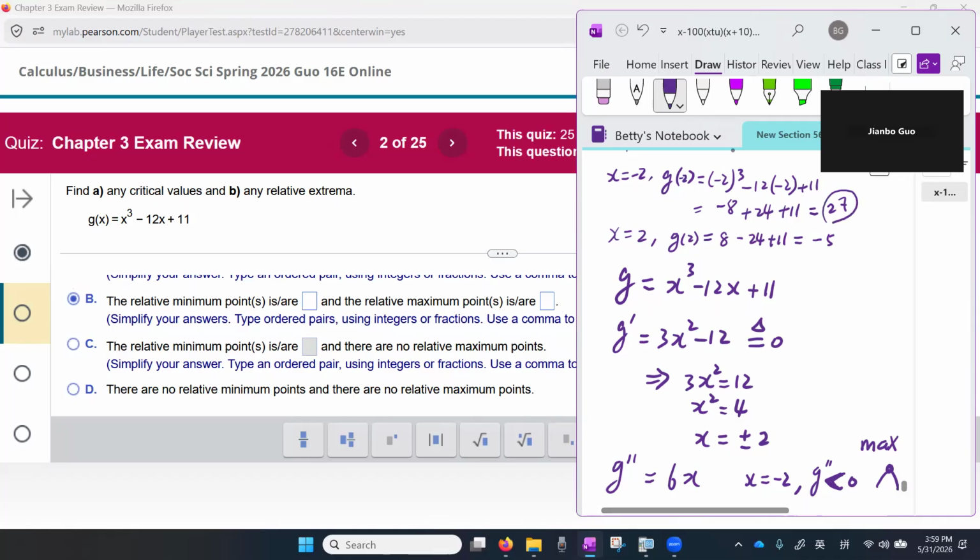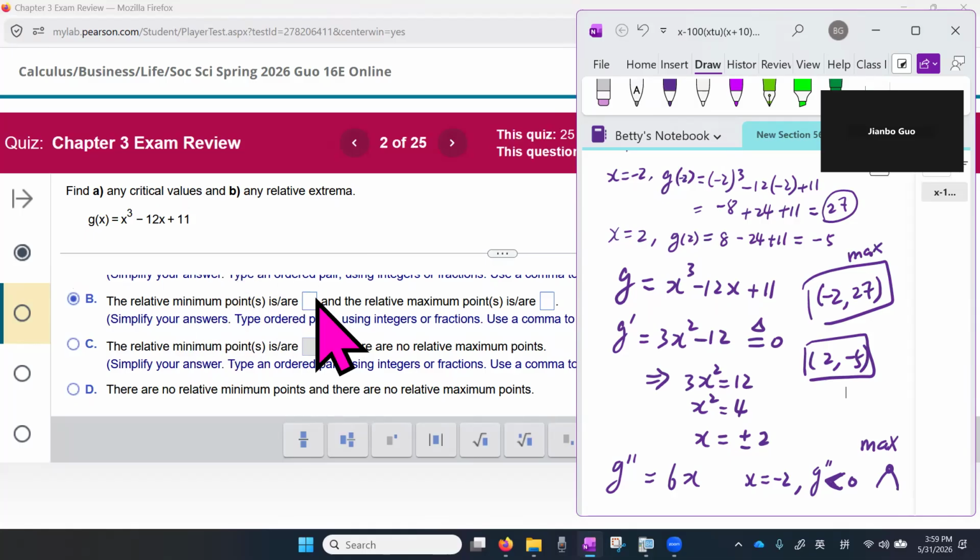So the function has a maximum at -2. The maximum value is 27. The function reaches a minimum at +2. The minimum value is -5. So this would be the answer we need to enter here.